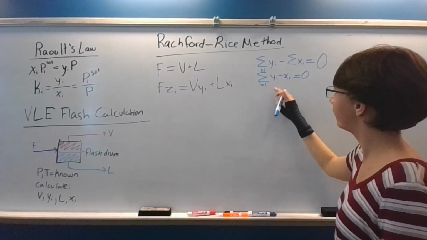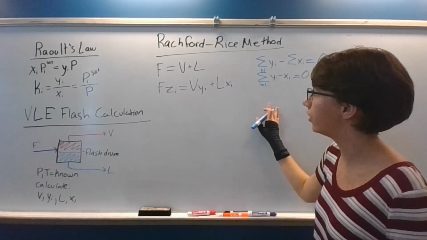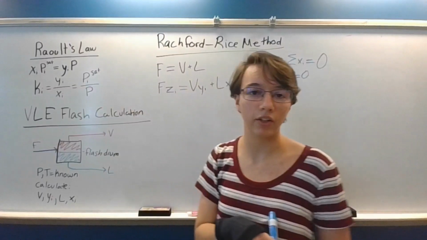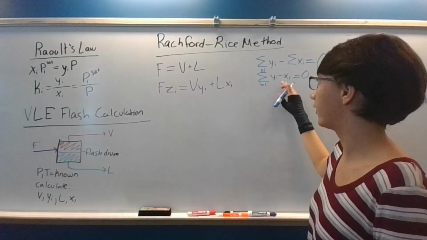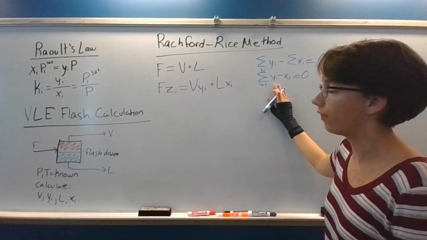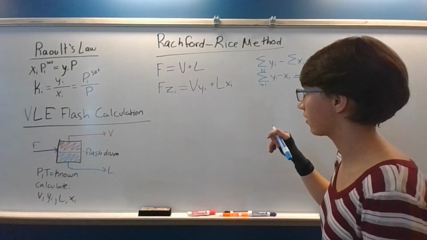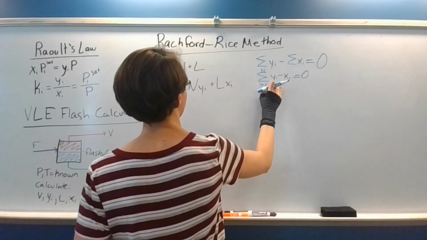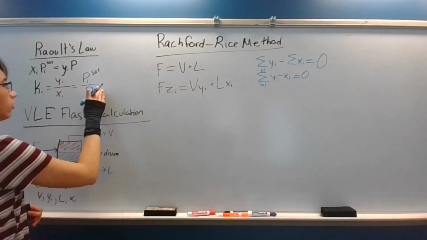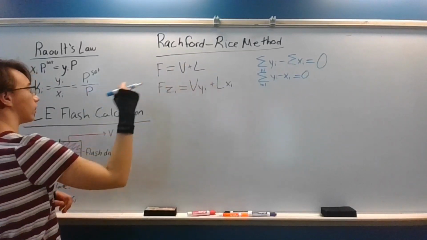That's not really helpful, so we're going to use this Ki value that I described to you earlier and get rid of this y that we don't know so that everything's in terms of x. So to get this all in terms of x, we're going to want to solve this equation over here for yi and plug it in there.